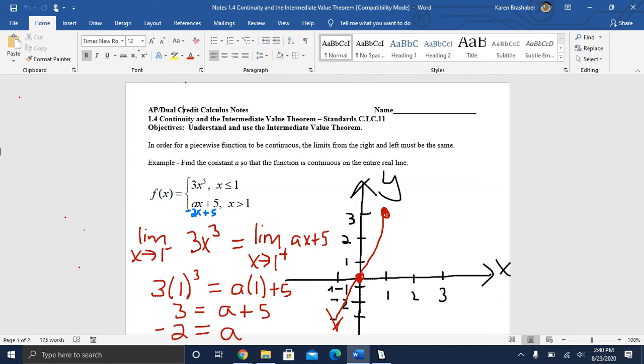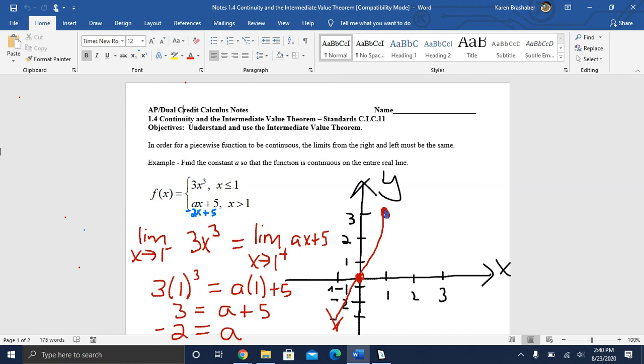So we want to know what's happening at 1. Well, at 1, if we plug in 1 for the x, we get negative 2 times 1 plus 5, and we get that 3 value. So the 3 value was already colored in, and I know that the starting point for this one is the ending point of the 3x to the third.